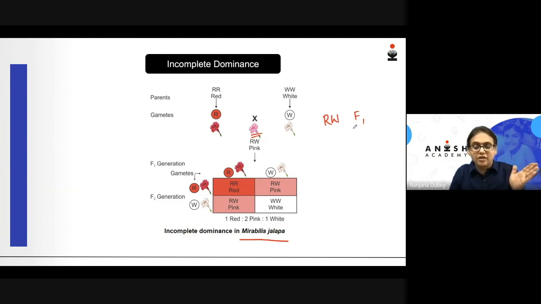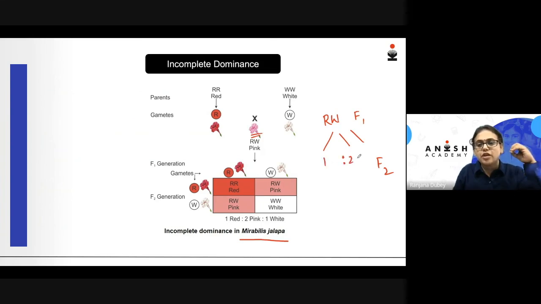In the F1 generation we do see deviation from Mendel's laws. However, when these pink flowered or heterozygous plants of the F1 generation were selfed or crossed among themselves, it was seen that the F2 generation plants did hold Mendel's ratio of 1:2:1 to be true. The plants obtained were one red, two pink, and one white.